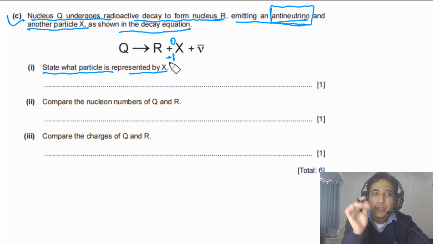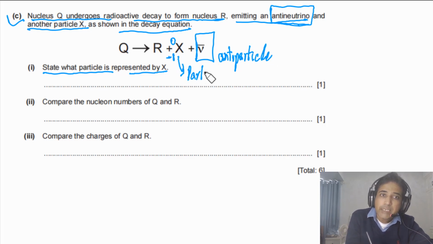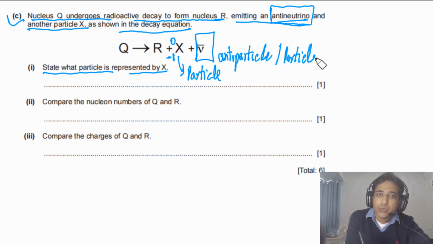So we can write that this has to be an electron to conserve lepton number. If this neutrino is an antineutrino, this one is an antiparticle and the other has to be a particle, and vice versa is also true. If this one is a neutrino, this one has to be an antiparticle.